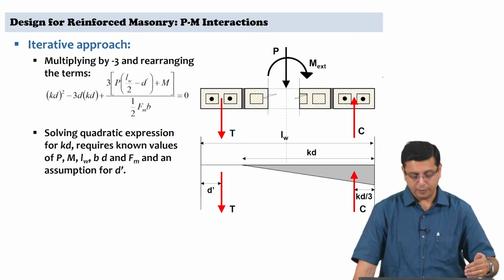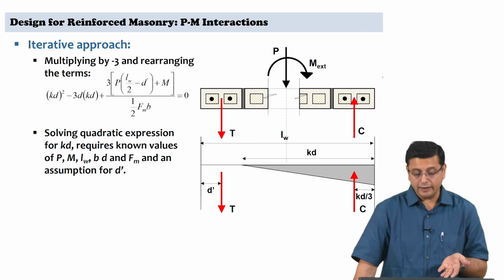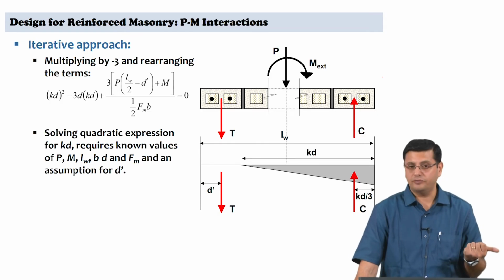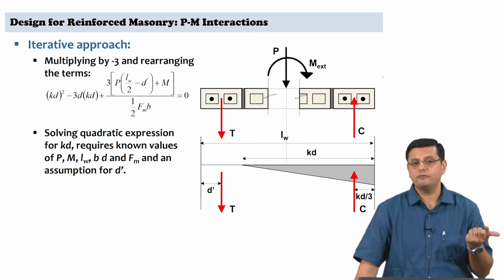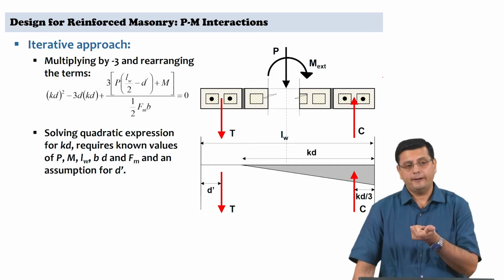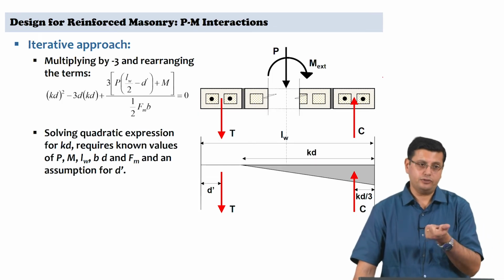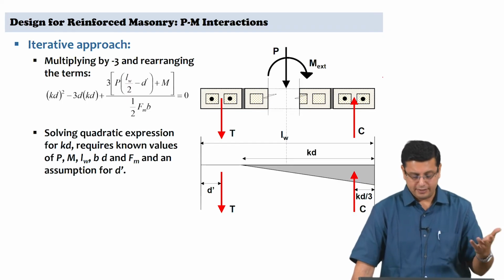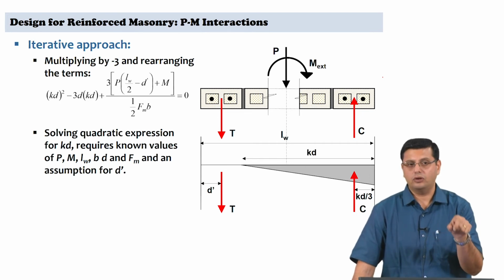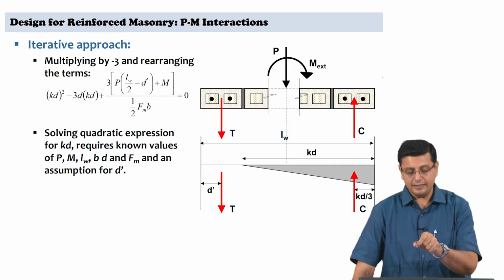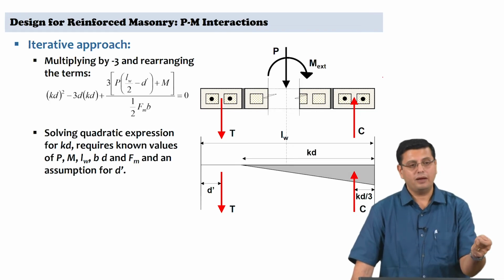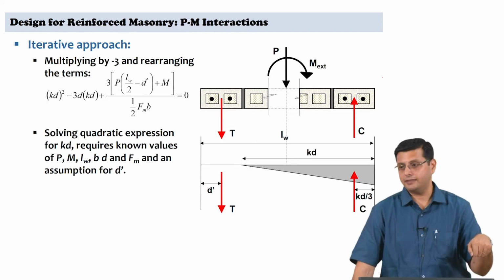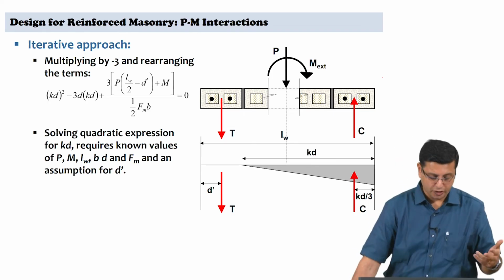If you have to solve this expression, look at the values that you need to plug in. You need the dimensions of the wall; you finalize the dimensions of the wall, and you need to have made an estimate of the steel reinforcement that you are going to give. You need to have decided a priori what the steel reinforcement is as a first stage in your design, and therefore some assumption on the bar diameter and the location of the bar becomes essential, as your d' will get affected by that choice.